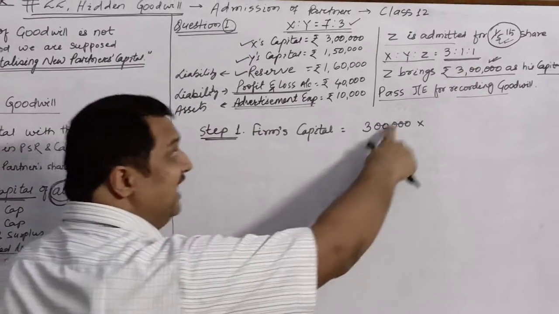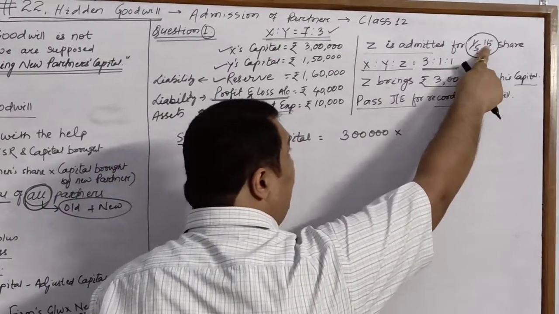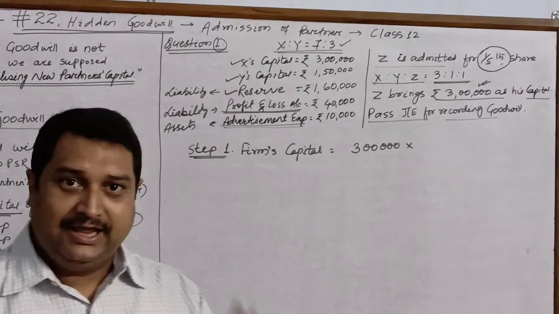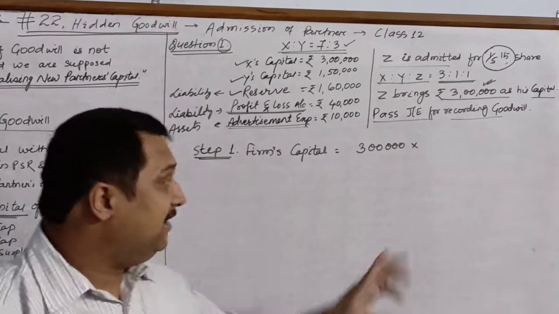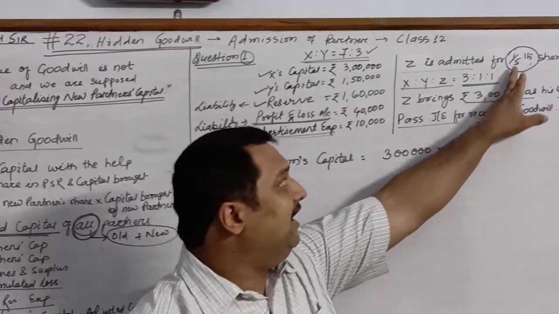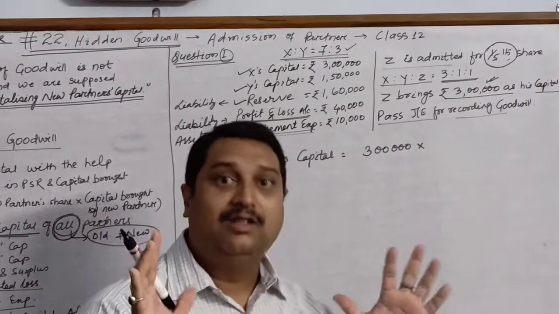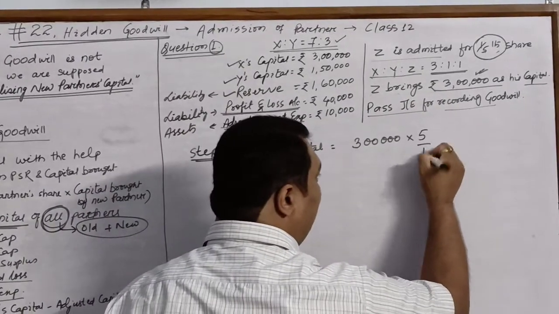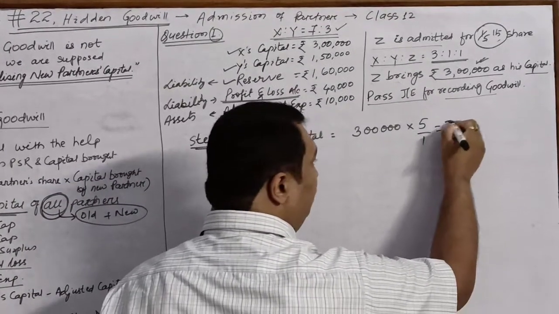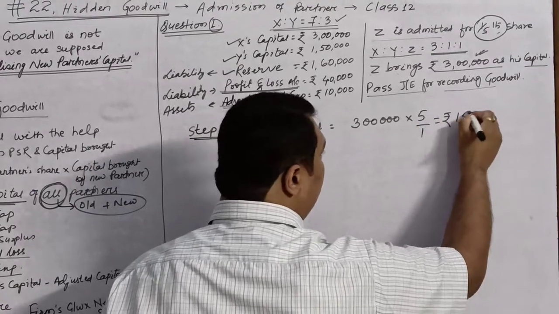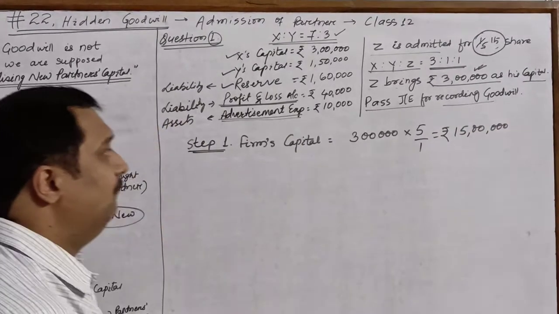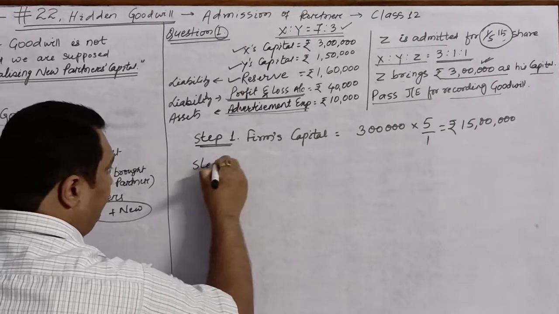This 3 lakh has been brought by him for 1/5. That means out of 5, his share is 1. That means the 3 lakh is equivalent to 1/5 of the total capital of the firm. So in order to find out the total capital, we will take the reciprocal of the share of the partner. So the total capital of the firm will be rupees 15 lakhs.